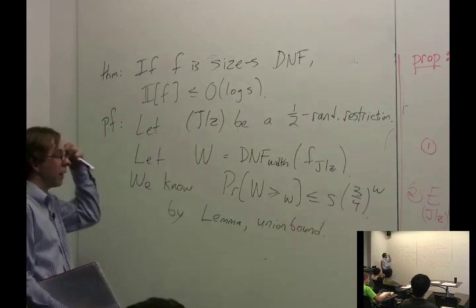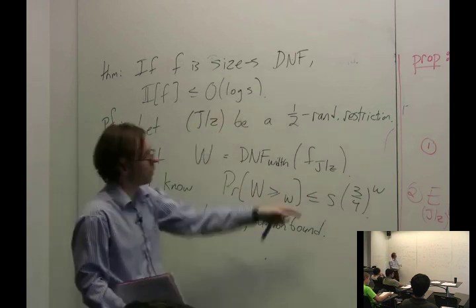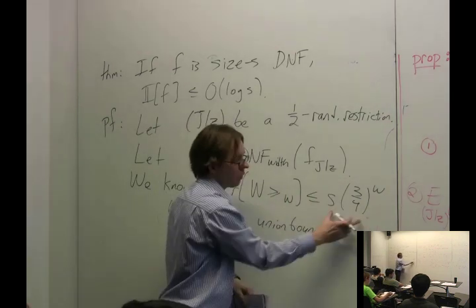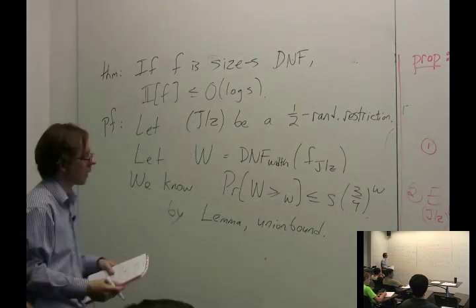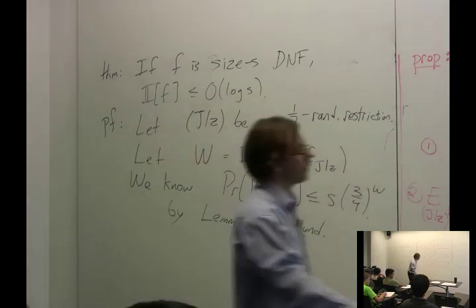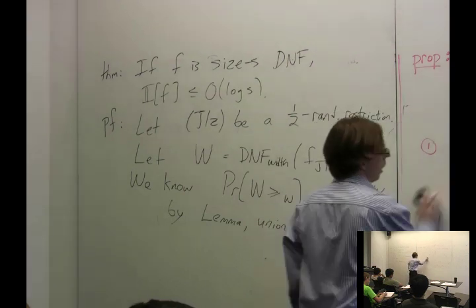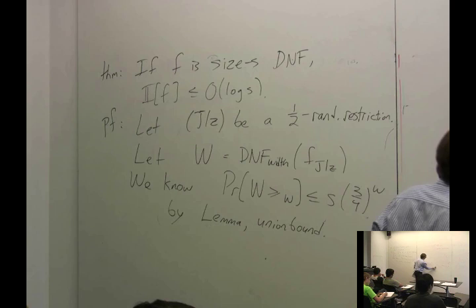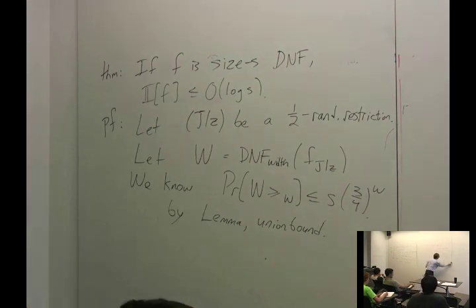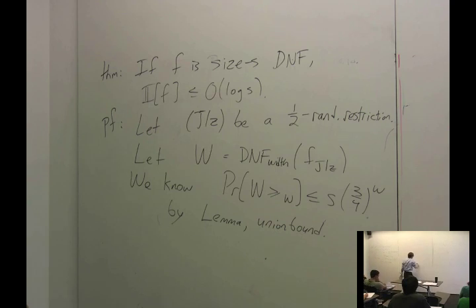Okay, just by union bounding over all the terms, of which there are at most S, all of them get to width smaller than w, except with this probability. Okay, so it's very likely that this DNF will become a small width DNF when we do a random restriction. And we know that small width DNFs have small total influence.